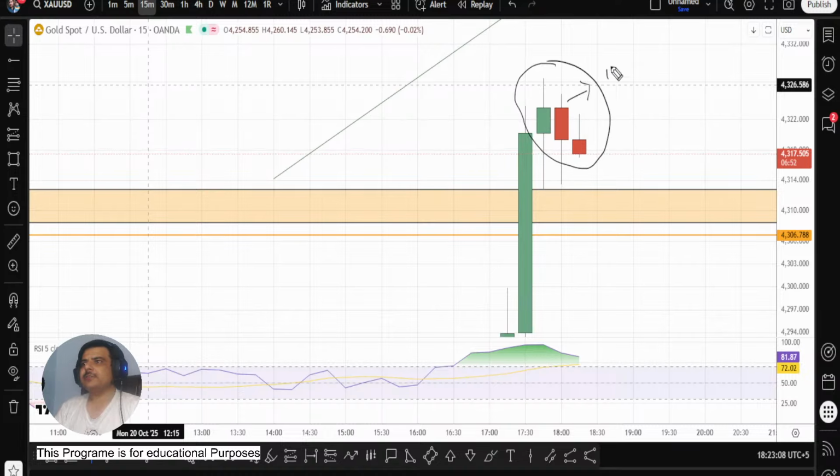Look at the body of this one, bigger, and this one is smaller. In technical words, we call it a bearish engulfing pattern.